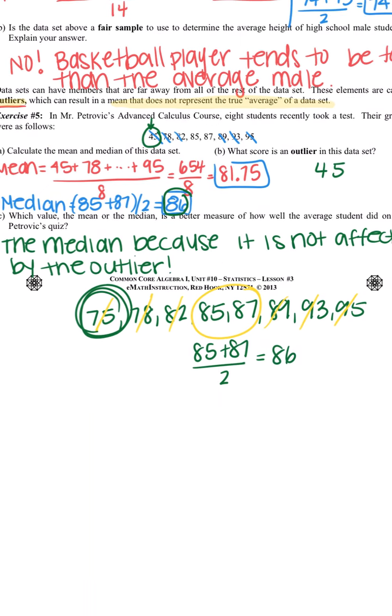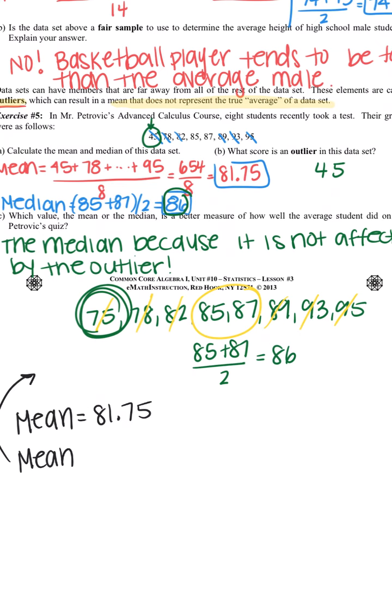Let me show you what happens to the mean if that outlier wasn't there. So we said initially with our initial data, our mean was 81.75. Let me find the mean with this new set of fake data I'm using up here. So if I were to add all those up, let's see here. I haven't done this yet, so give me one sec. 75 plus 78 plus 82 plus 85 plus... technical difficulties.